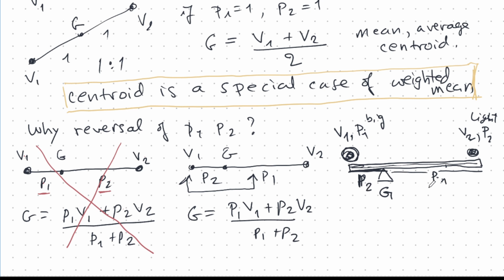What matters is the proportion, so this works. So we see, again, that the vertex V1 is matched with P1 on the other side of the fulcrum G. So that's why it works. Great, and now that you see this analogy, you will never make a mistake again.